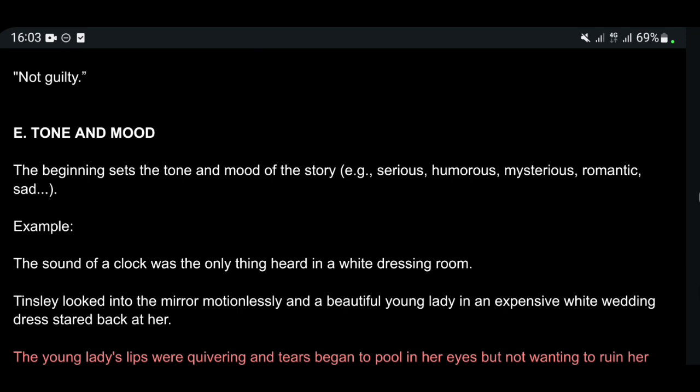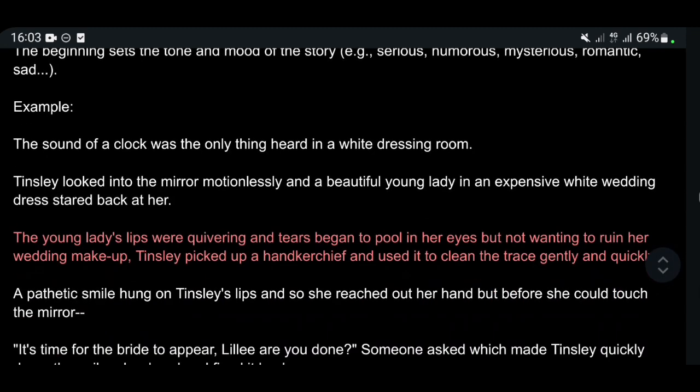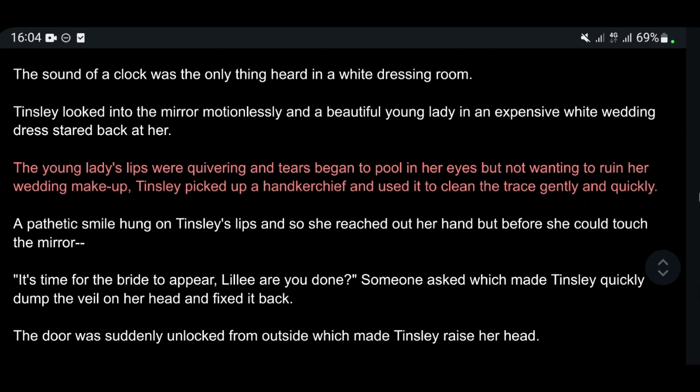Example: the sound of a clock was the only thing heard in a white dressing room. Tinsley looked at the mirror motionlessly and saw a beautiful young lady in an expensive white wedding dress staring back at her. The young lady's lips were quivering and tears began to pool in her eyes, but not wanting to ruin her wedding makeup, Tinsley picked up a handkerchief and used it to clean the traces gently and quickly. A pathetic smile hung on Tinsley's lips, and she reached out a hand to the mirror, but before she could touch it, someone said, It's time for the bride to appear.